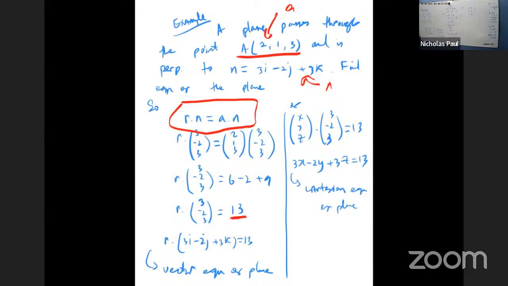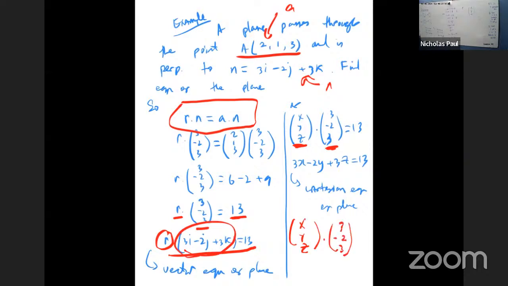And then multiply R by this point and you will get the vector equation. If you want to go from the vector equation to Cartesian, turn R into x, y, z. So multiply R, which is x, y, z, by this point here, which is 3, minus 2, 3, equal to 13.